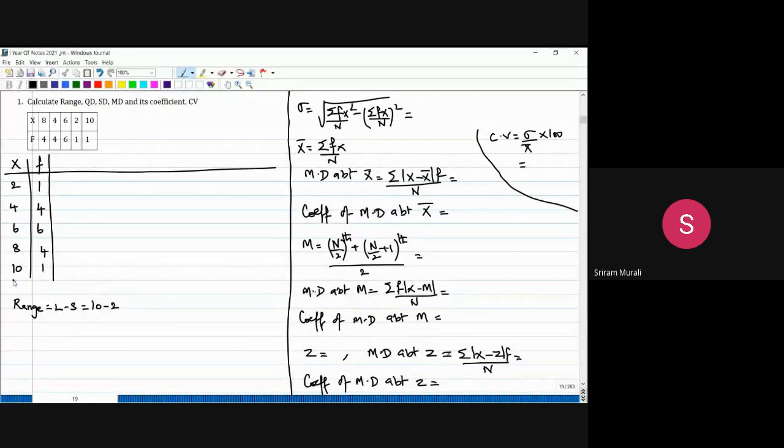I should take only the X value, not F. F you use only for cumulative frequency or positional averages. Then coefficient of range is L minus S by L plus S, which is 10 minus 2 by 10 plus 2, into 100. If you want, you multiply by 100, otherwise ignore.